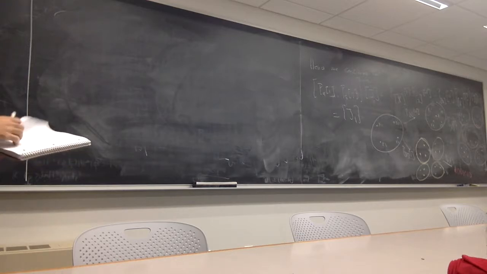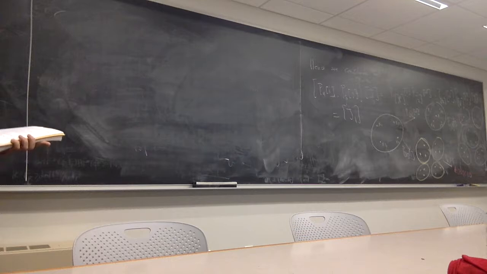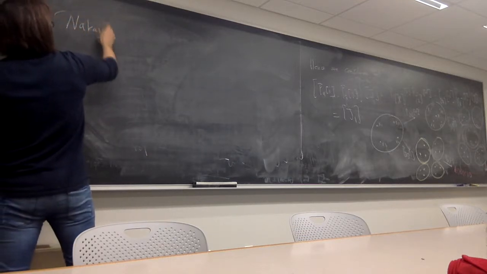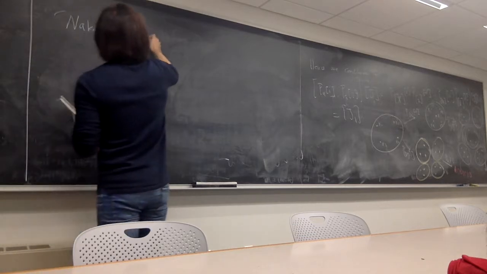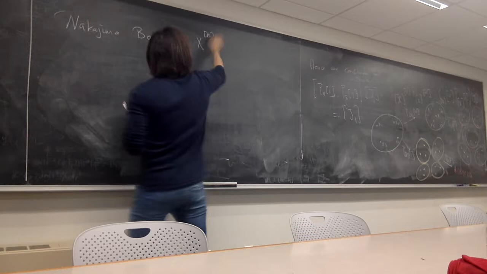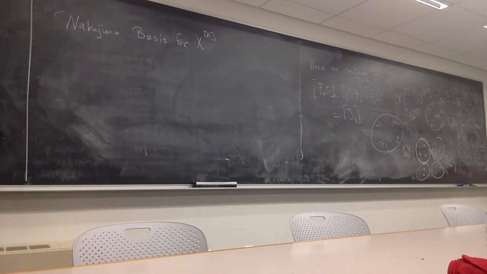So this is an important theorem. And now let's talk about the Nakajima basis for Xn. The Nakajima-Grojnowski correspondence gives you a correspondence between the Heisenberg or Clifford algebra formalism and the cohomology theory of the Hilbert scheme.